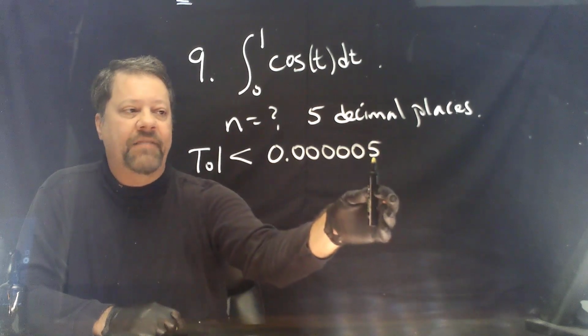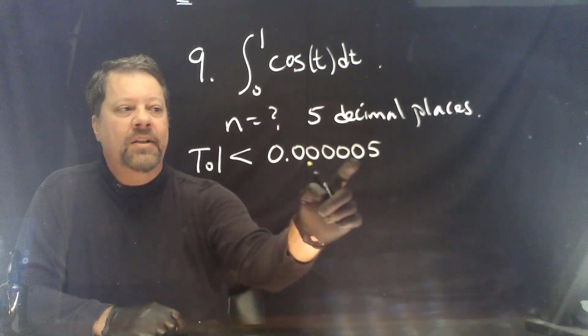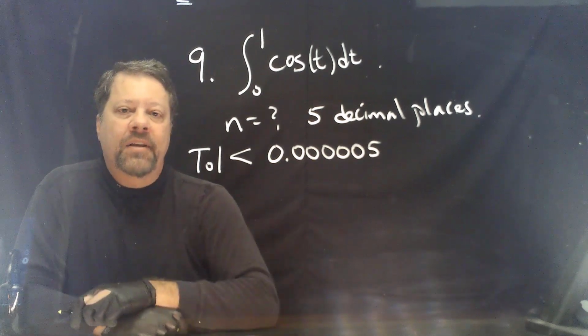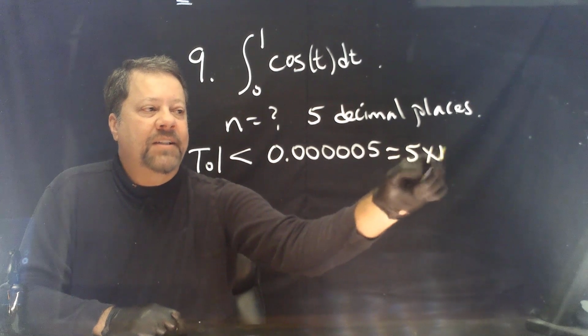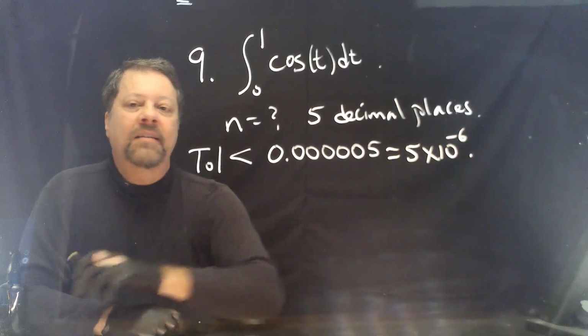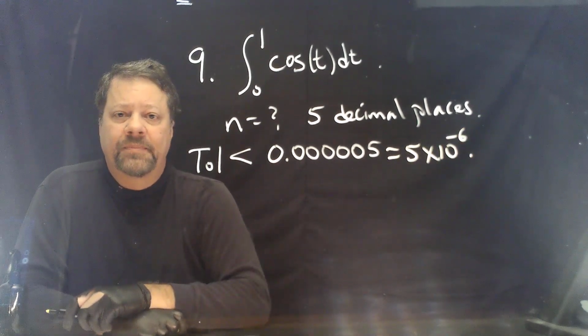It'll be less than a 5 in the 6th decimal place off, so that you'll be accurate to the 5th decimal place. So that's 5 times 10 to the negative 6. That's your tolerance for error.